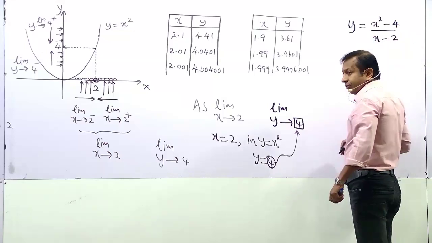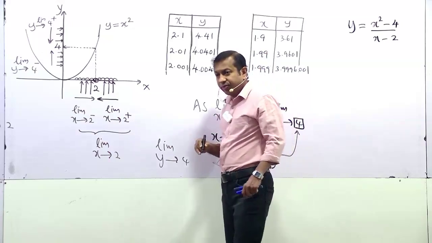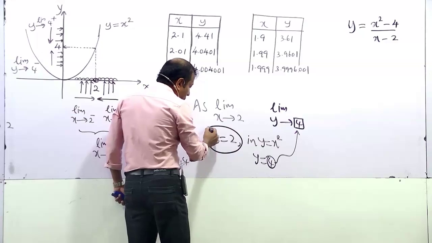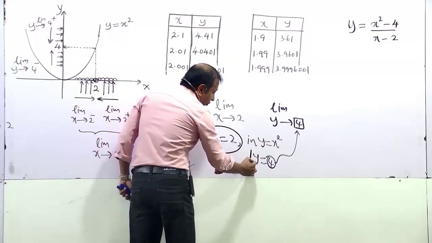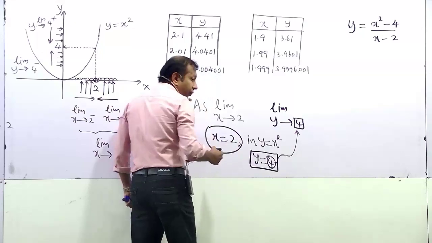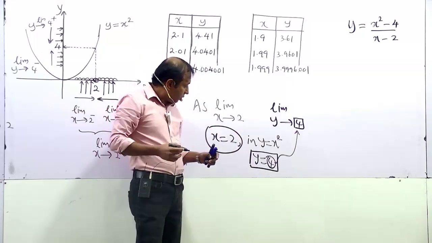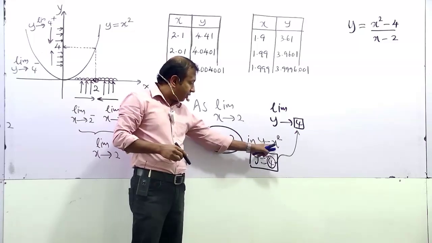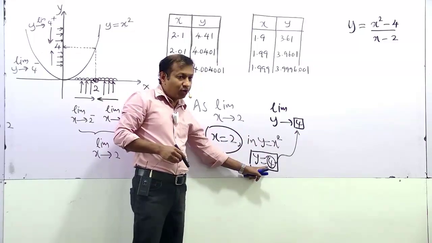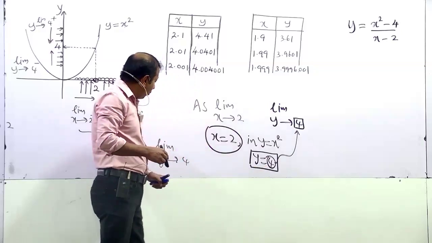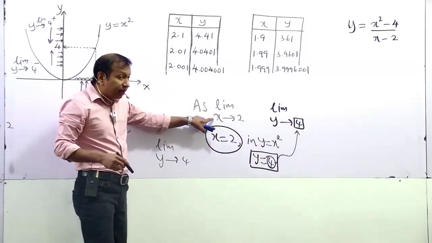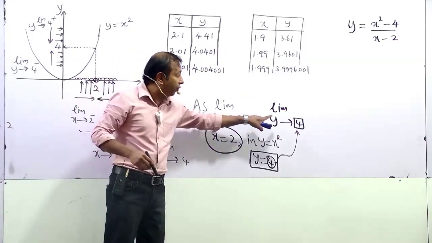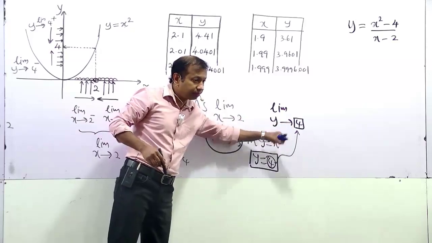As here at x equals 2, if I need to find the y value, I have 2 ways. First, directly I can substitute this x value here. We got the value 4. The same value, by this way of preparing a table, considering the limiting technique, we got here. These 2 values are equal.